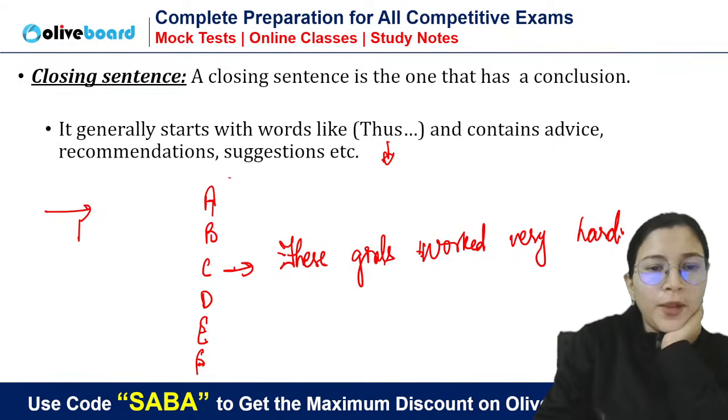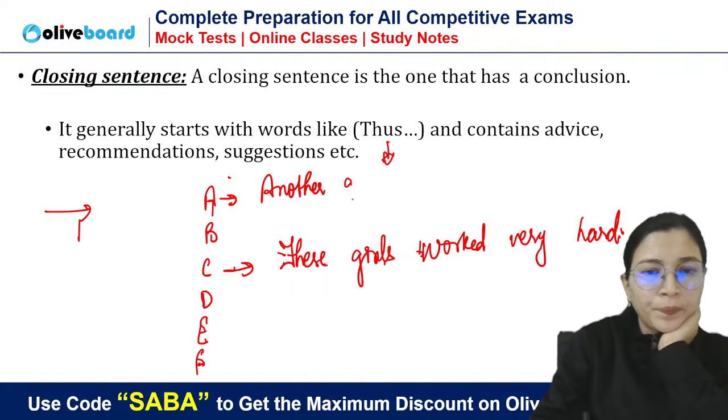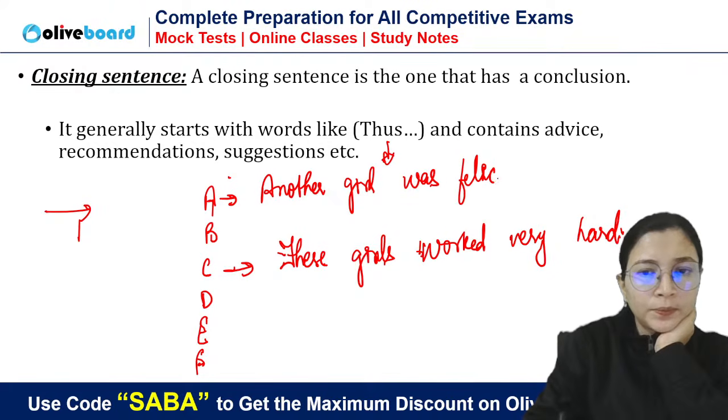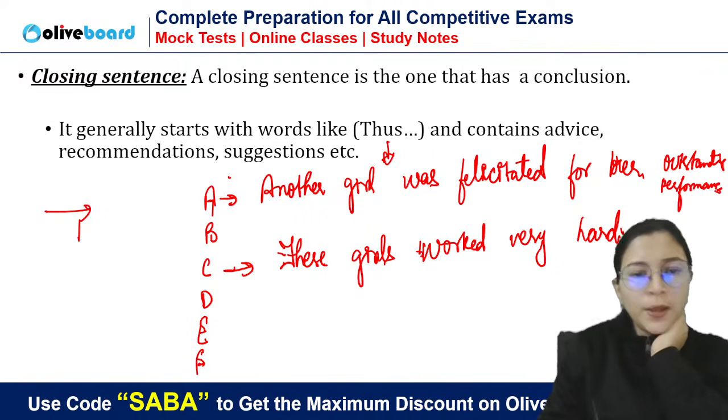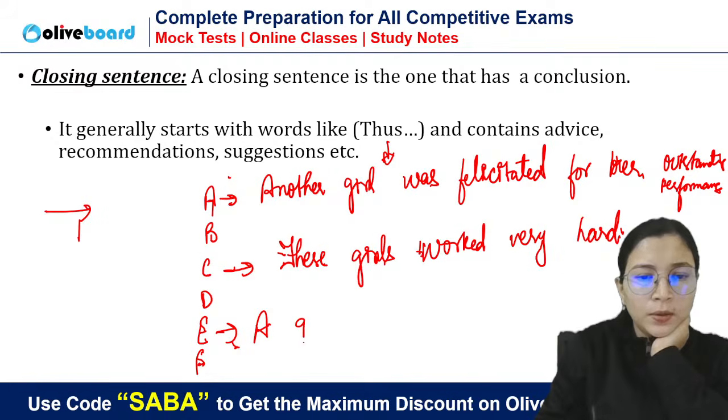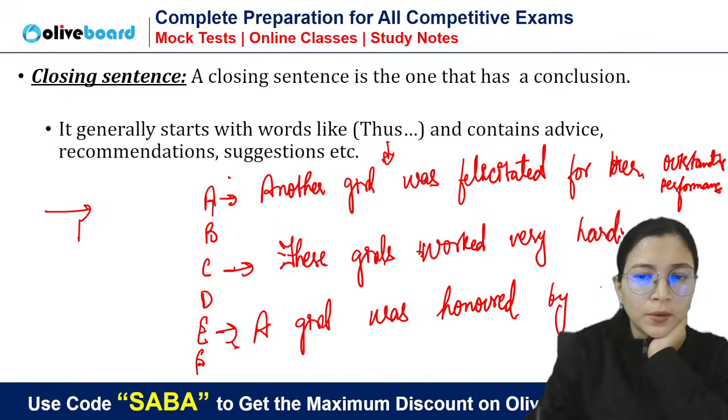Now A sentence is given another girl was felicitated for her outstanding performance in something. Okay. And then a girl was honored by our president. What will be the sequence?